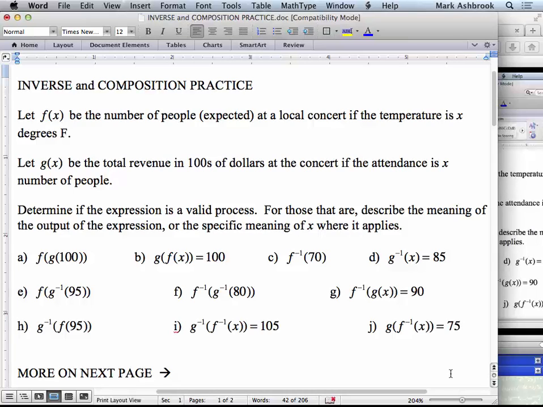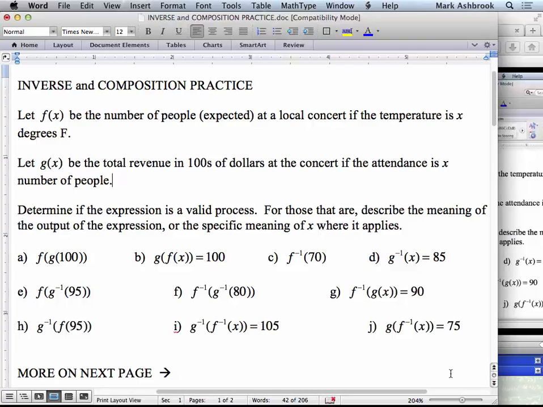The first thing you're going to do is go through each one and say, is the expression valid, or does it not make sense? And if it is valid, then you're going to interpret it in terms of quantities: number of people, temperature, and total revenue. So do as many of these as you can in 5 minutes. These are really important problems to help you understand functions, inverses, and composition.